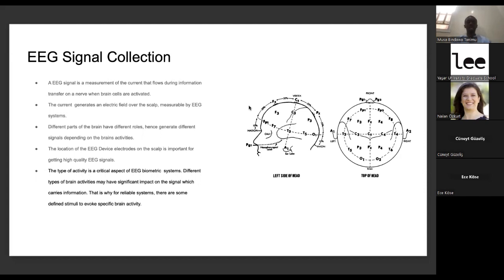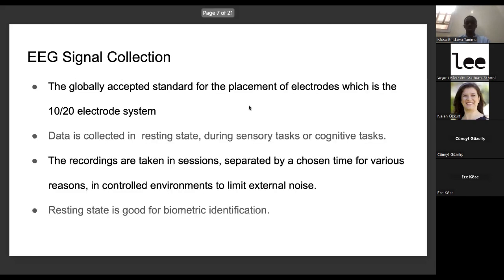The electrode scalp placement is very important in getting high quality EEG signals. The type of activity that is critical for EEG biometric systems depends on the activity being done by the person on whom the EEG is recorded, and on where the electrode is placed. The generally accepted standard for the placement of electrodes is the 10-20 system.